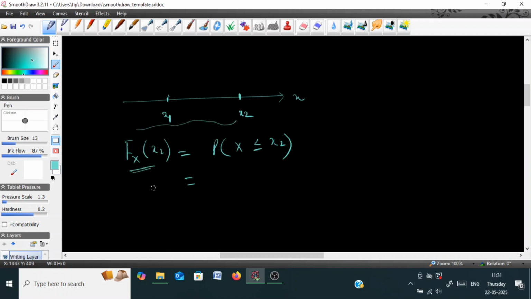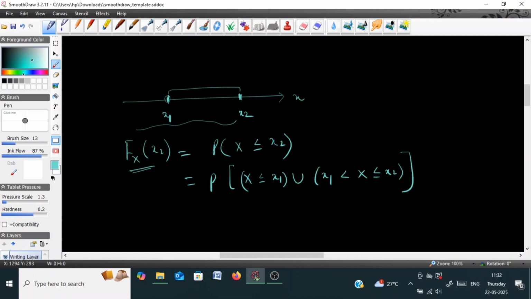Similarly, at x1 you have the probability for all the points equal to or less than x1. I can decompose this range into two parts, from minus infinity to x1 and then x1 to x2. So I can take it as the probability of X less than or equal to x1, union x1 less than X less than or equal to x2.